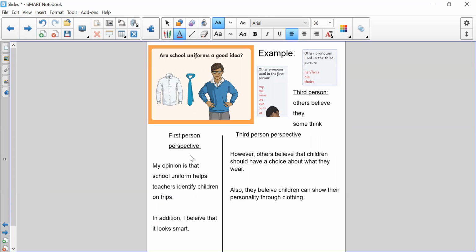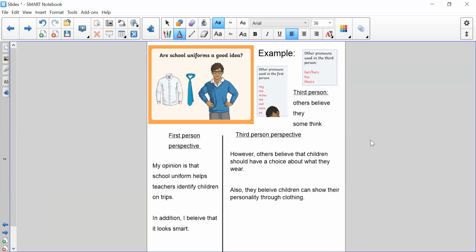I've got the first person perspective, which is my own opinion, and then the third person perspective, which is the counter argument, what other people might think. All you need to do is split your page into 2 and make a table, first person perspective about the topic, and then the third person perspective. And you can actually interview people to get their opinion on the title.